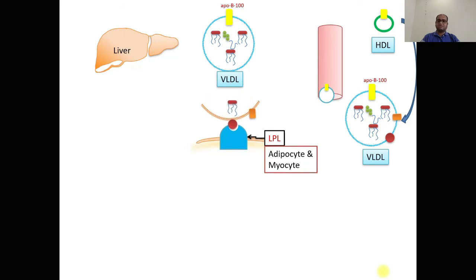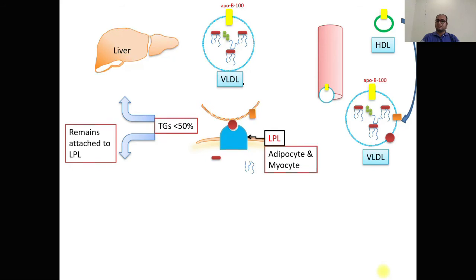It is going to bind with the VLDL, and cholesterol as well as triglycerides, so the fatty acid as well as the glycerol component, will be removed from the triglyceride. So now your triglycerides are reduced, and that is going to go back to the liver. But here the component will remain attached to the lipoprotein lipase, and this is called VLDL remnant.